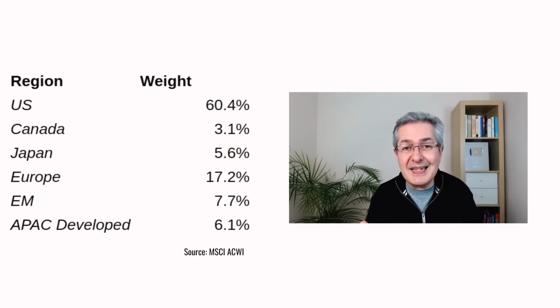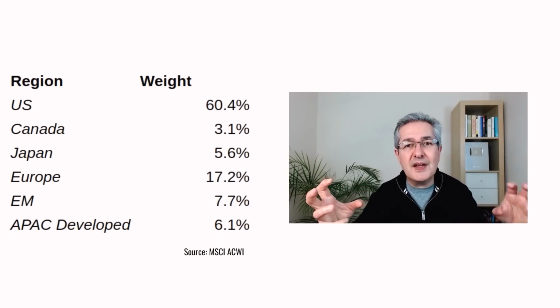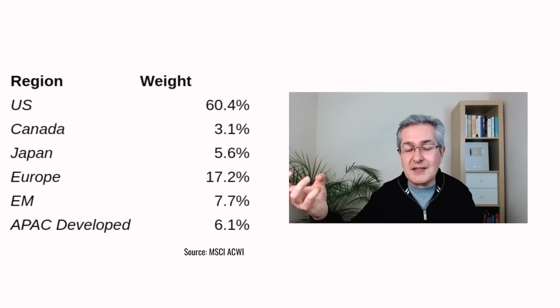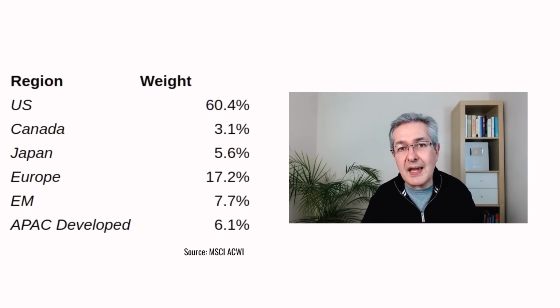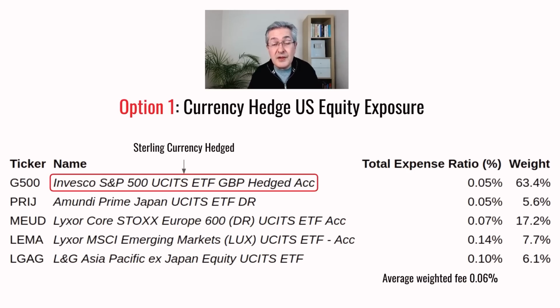Now, what would be truly ideal is if we could get a global fund which simply excluded the US, but for some ridiculous reason, you can't buy those in the UK, which is why we have to go this way around it. So our first option is simply to hedge the currency exposure for the US. So what we do is we buy one fund for each of those regions, and I'm sorry, Canada, I've lumped you in with the US. I know you won't like that.